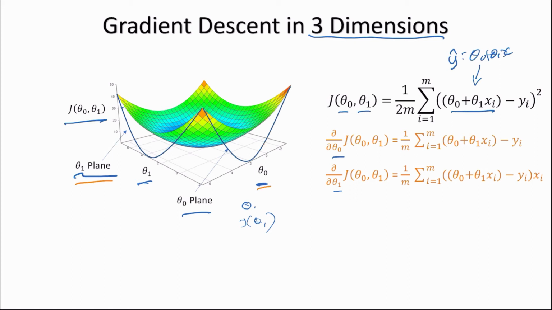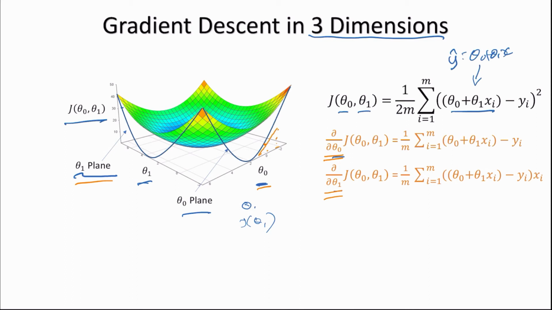In which case, if we wanted to calculate the partial derivative of θ0 at any given point, let's say at 0, we could draw a line tangent to here and calculate the gradient of this line, or we can use our partial derivative function here, and the same applies for our partial derivative with respect to θ1.